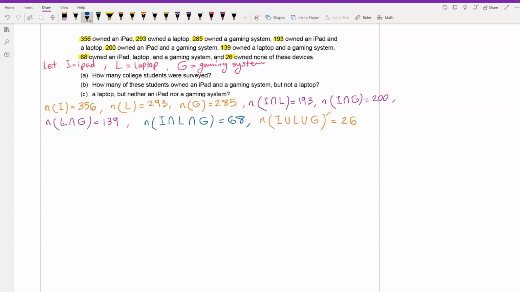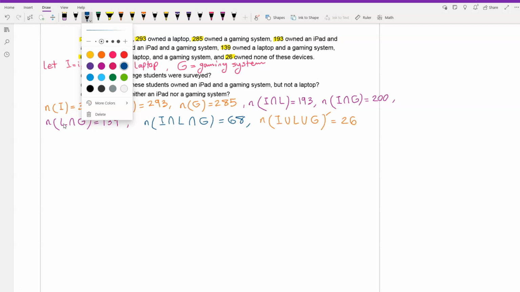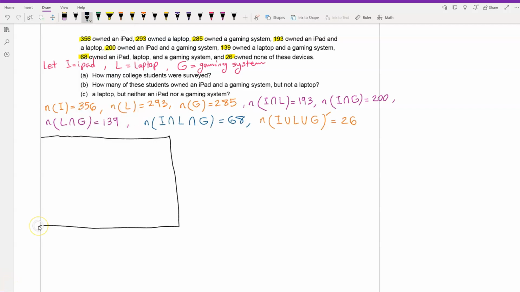I'm going to draw a Venn diagram. So this rectangle is universal. So this one for iPad, here for laptop, and this one for gaming system.